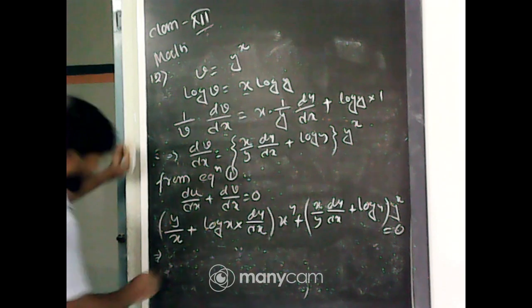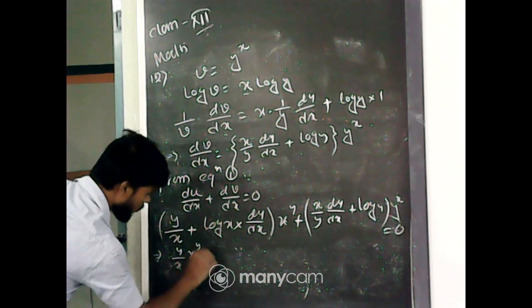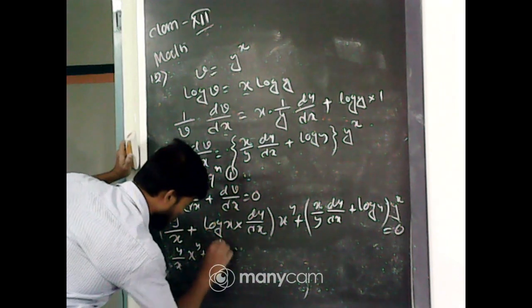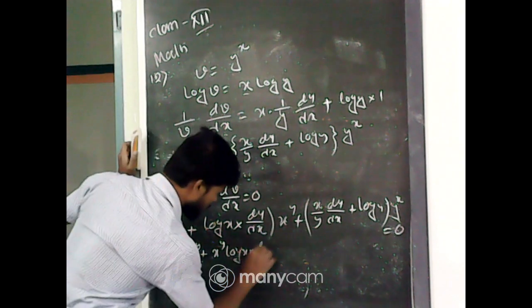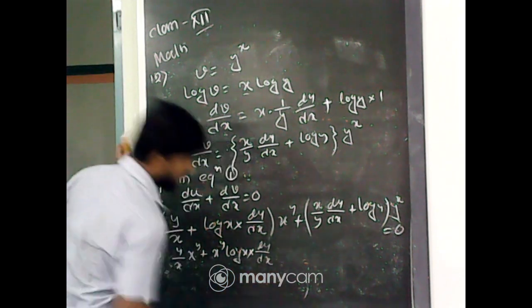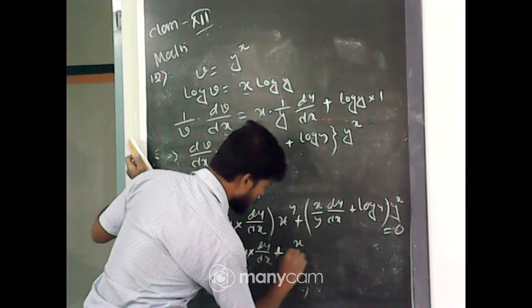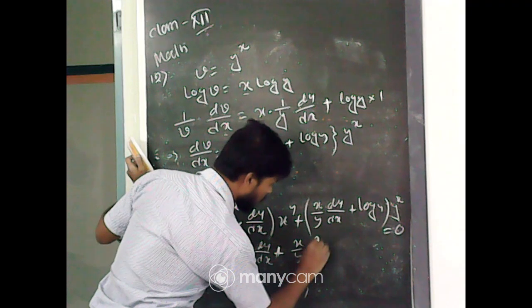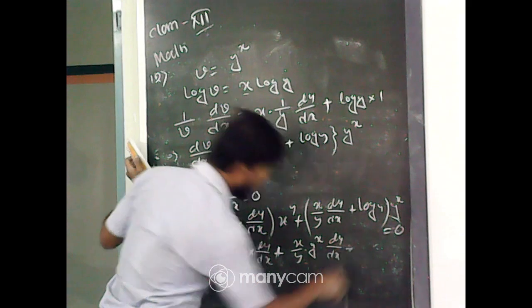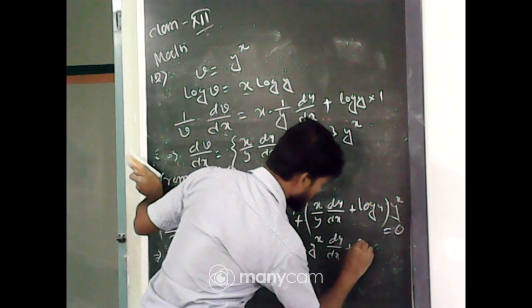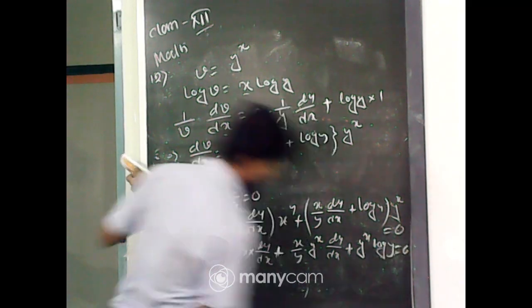It will be y by x into x to the power y plus x to the power y log x into dy/dx, plus x by y into y to the power x into dy/dx plus y to the power x log y is equal to 0.